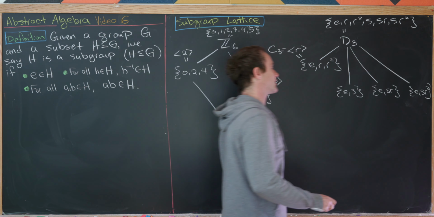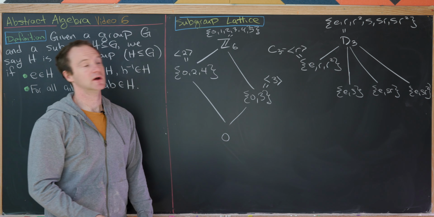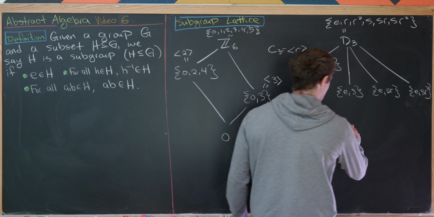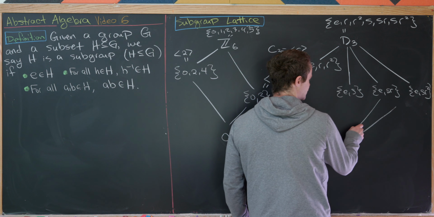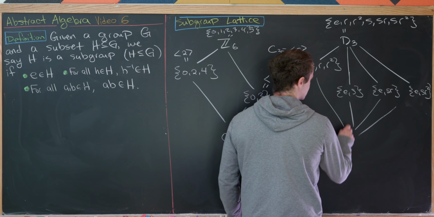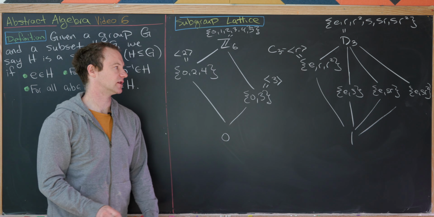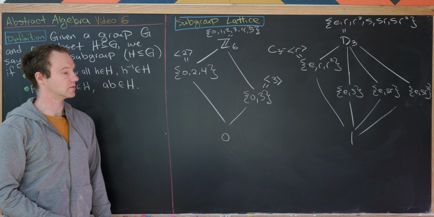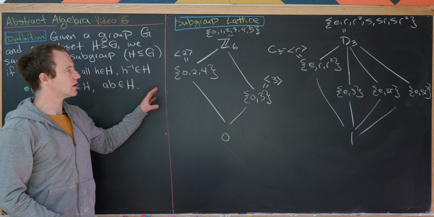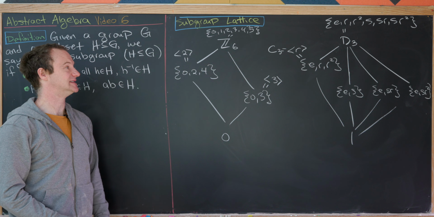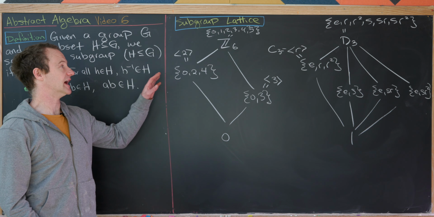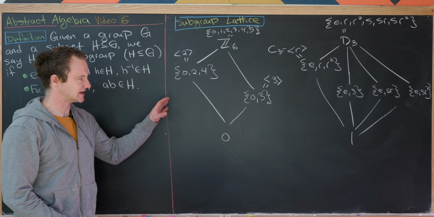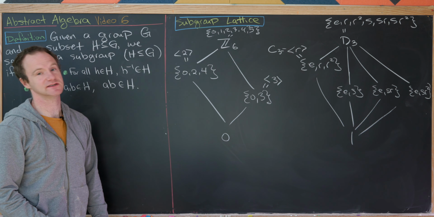So those are your three subgroups of reflections. And then down here, you've got the identity subgroup. But since our operation is more akin to multiplication in this case, we might call it 1 instead of 0. Okay, so this actually highlights a nice difference between D3, a group of order 6, and Z6, a group of order 6, in that their subgroup lattices are different.